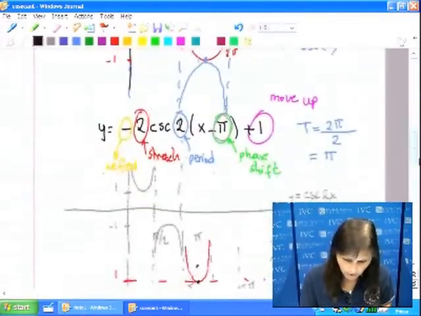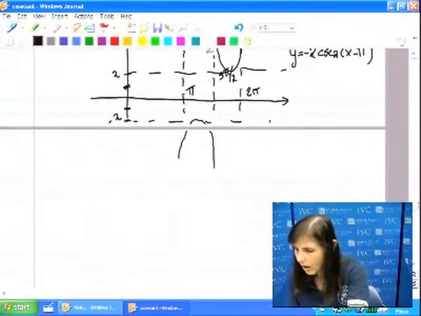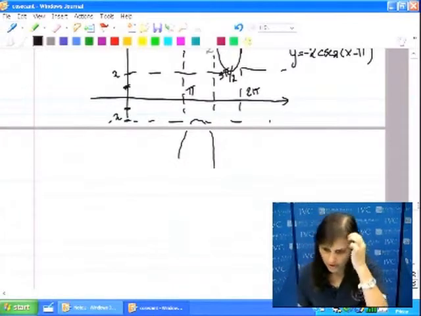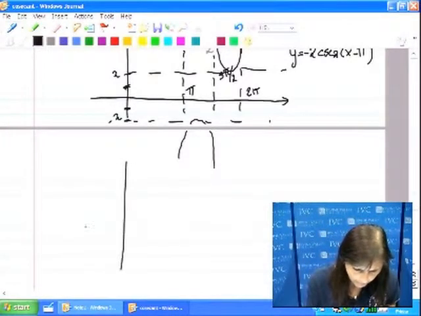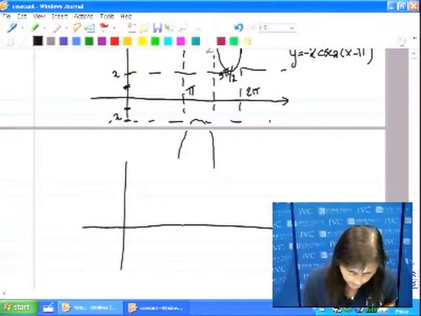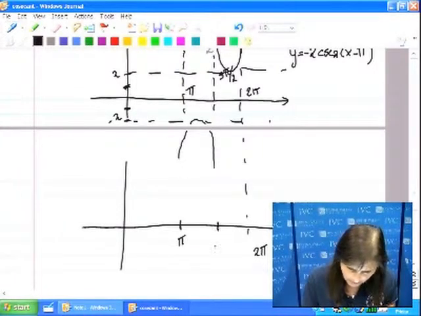What is the very last thing you do? What was the original that I wanted? +1. Okay, so how does the +1 portion work? So I have pi to 2 pi, and this is 3 pi over 2.